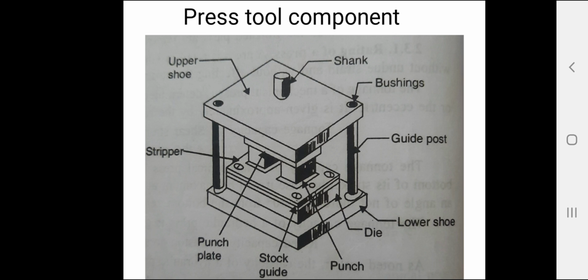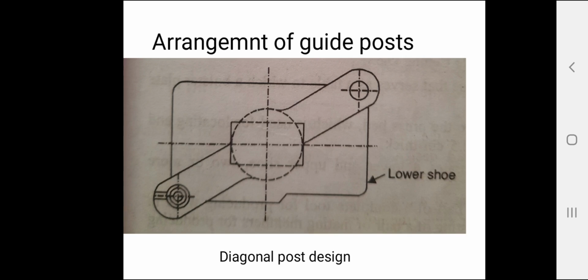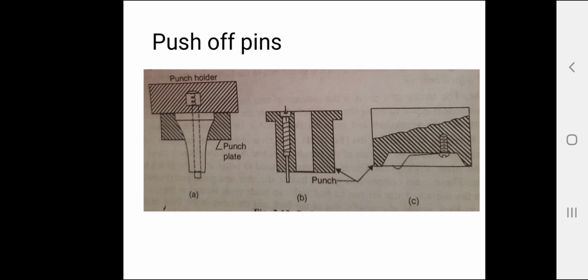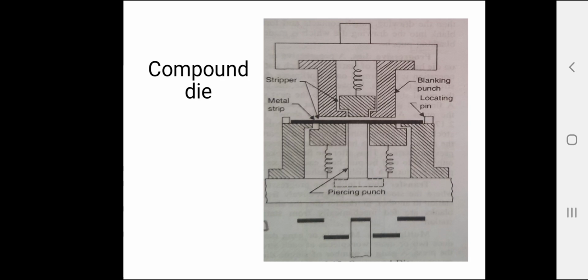According to this criterion, that is method of operation, the dies may be classified as single operation die, which is also called a simple die, then compound dies, combination dies, progressive dies, transfer dies, and multiple dies.